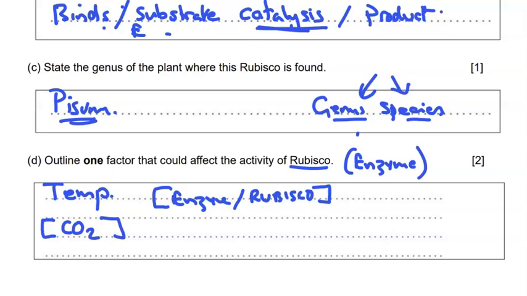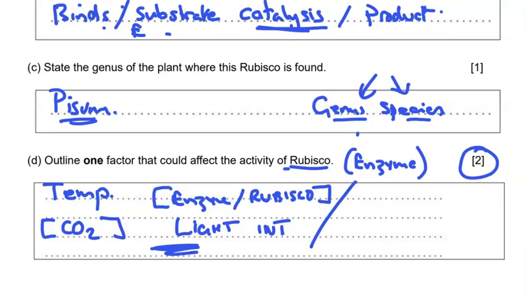We could also, bearing in mind that we are dealing with photosynthesis, state that the light intensity might affect the activity of Rubisco. I'm only looking really for one of these, and for the second mark, I would be looking for it to say that it affects the rate of reaction.